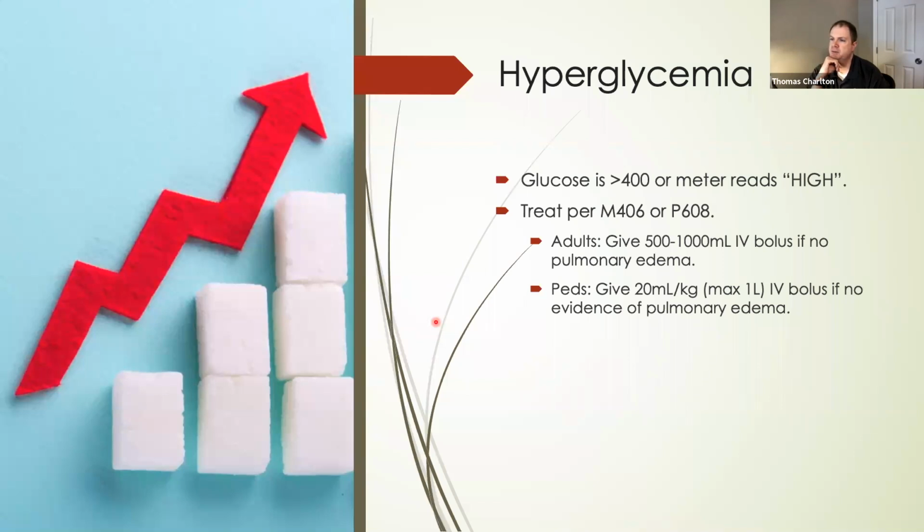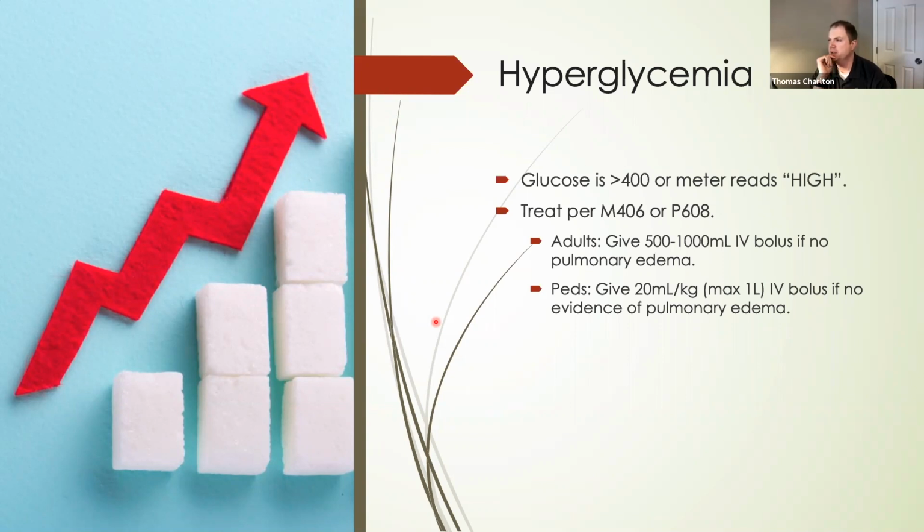Hyperglycemia can cause this. We've all, I'm sure, taken care of that DKA patient that's altered and confused and combative sometimes. These folks will have a glucose of over 400, or their meter will read just simply high. The long and short of it is there are two protocols that deal with this, M406 and P608.